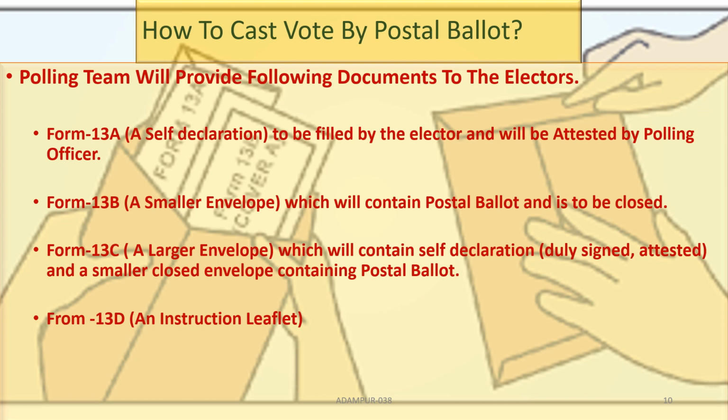Form 13B, a smaller envelope which will contain the postal ballot and is to be closed. Form 13C, a larger envelope which will contain the self-declaration, duly signed and attested, and the smaller closed envelope containing the postal ballot. Form 13D, an instruction leaflet.